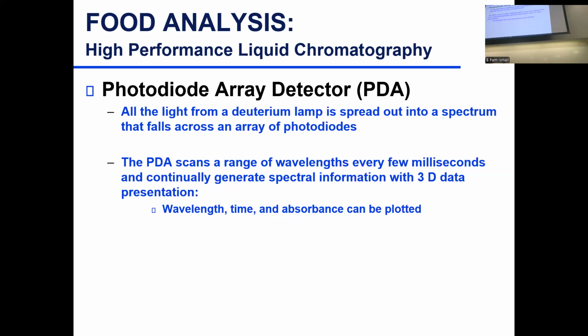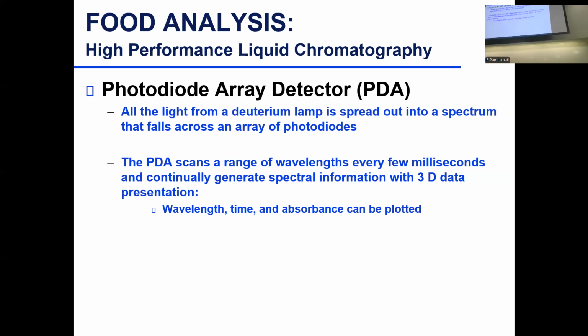This is the flow cell in the detector. I don't know if Nigel pointed out to you in the system, but you have a flow cell. So your mobile phase goes through the flow cell, carrying your compounds of interest.